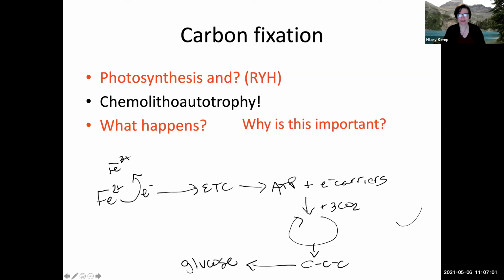Good. Okay. So good answers are showing up in the chat. They do carbon fixation. They help produce glucose, basically glucose. Carbon fixation is the production of glucose from CO2 in areas that don't have access to sunlight.